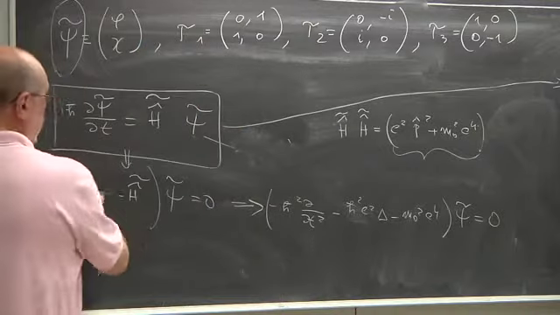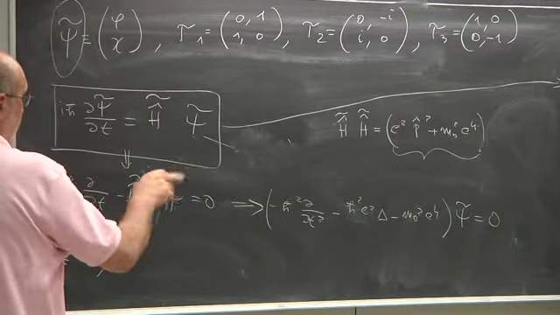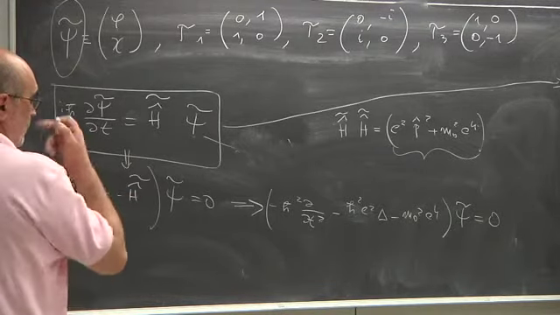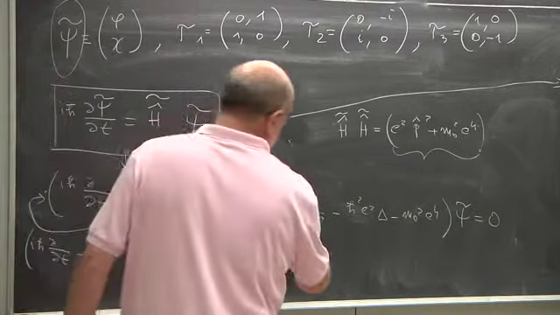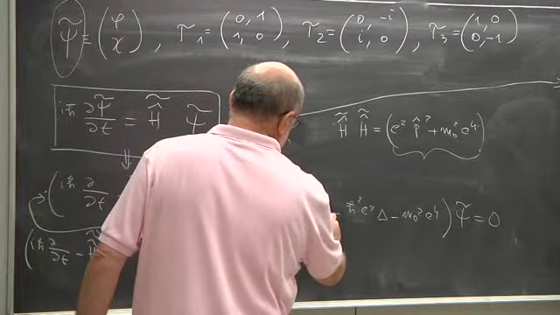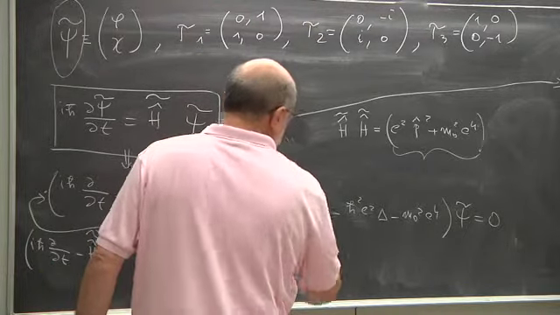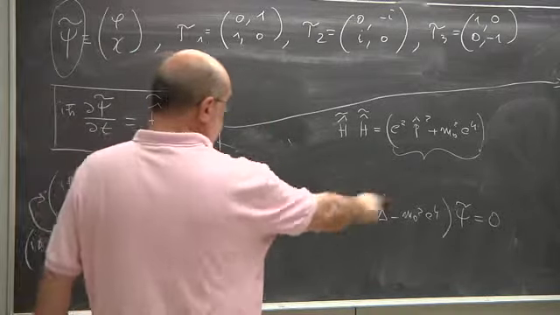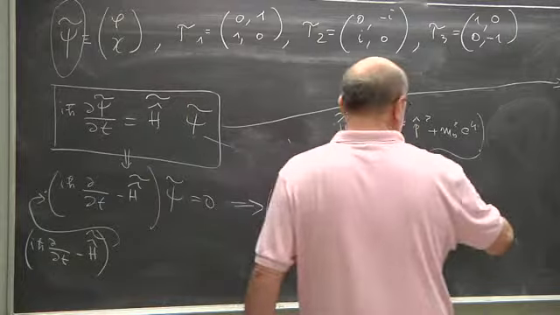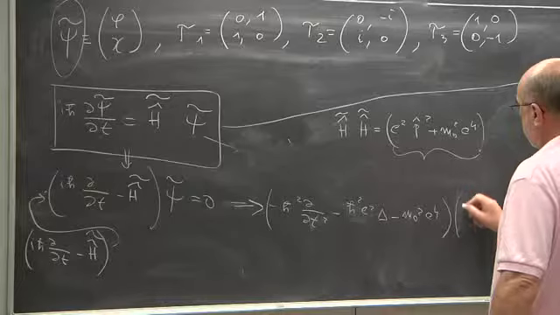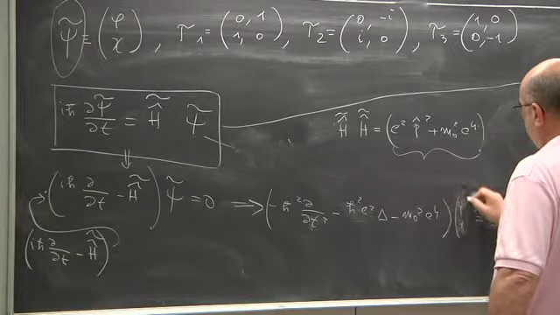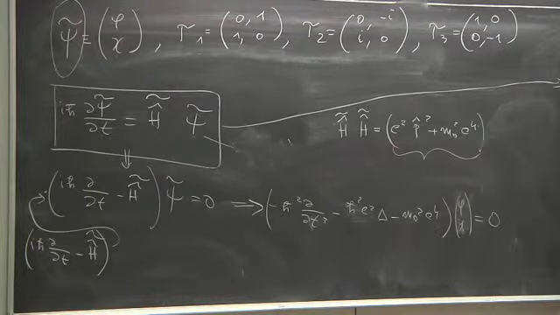Then I have the second derivative, and then the derivative applied to the first order terms. So, as there are no Pauli matrices, this means that phi and chi independently satisfy the Klein-Gordon equation.